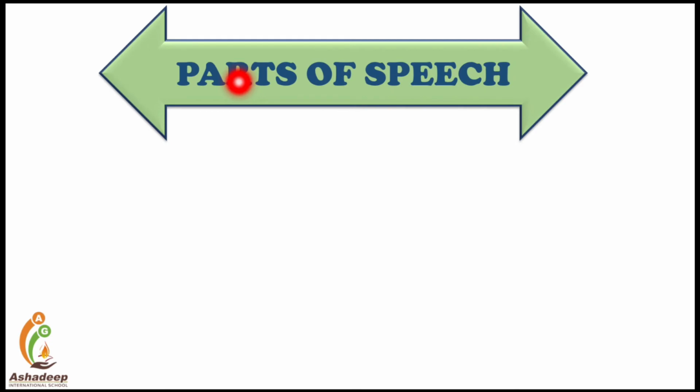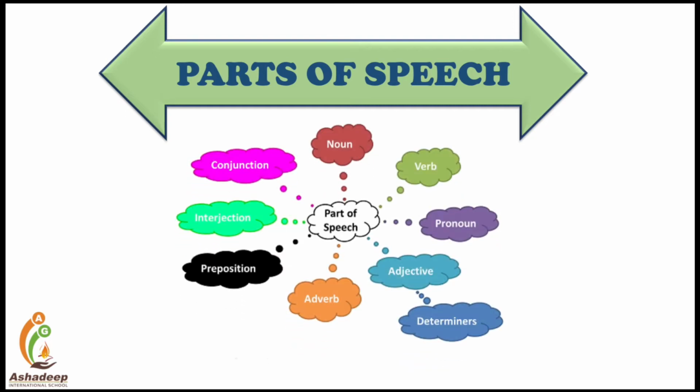Now we'll see in this Part 2 parts of speech. Whatever language we speak, we require many things while speaking the language, right? What are those things we require to speak? We will see that in parts of speech. In parts of speech we are going to see which things are necessary in whatever language you speak.